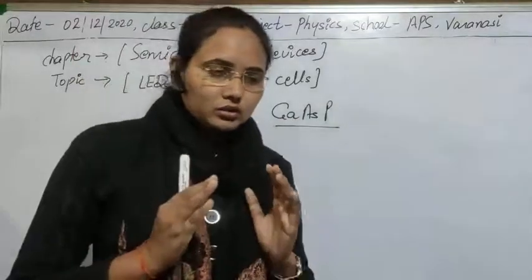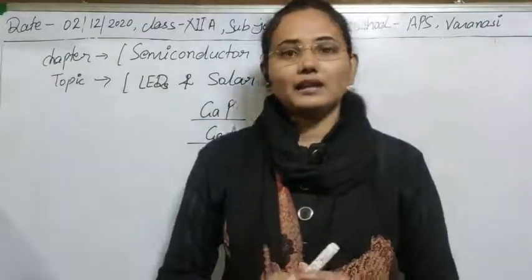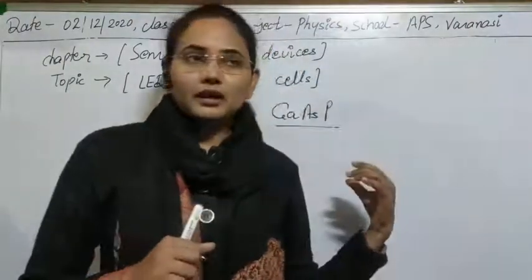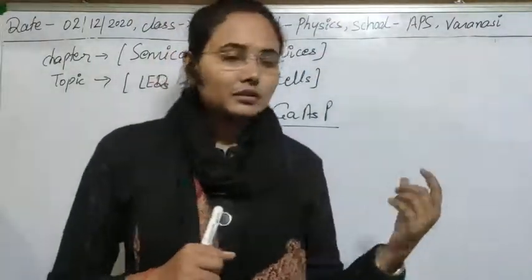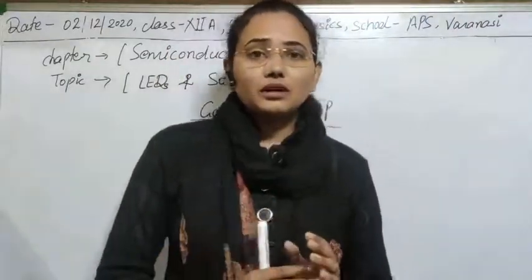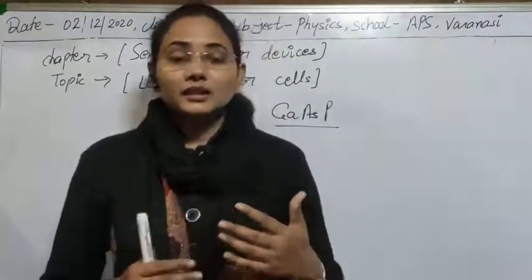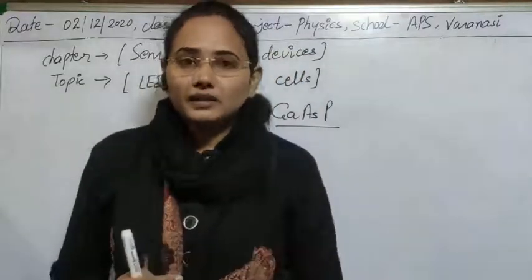So it is very important to choose the material to construct the LED. Some years ago, scientists were trying to construct the blue LED, and they did construct it. Scientists got the Nobel Prize for this also.